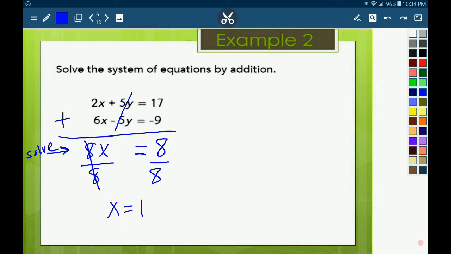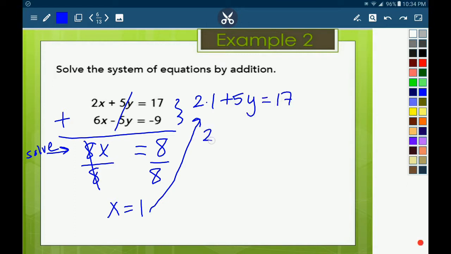So let's plug in that x is equal to 1 into either one of the equations above, into either one of these original equations. It really does not matter which one, just pick one. So I'm just going to pick the very top one, 2x, x is 1 though, so I'm going to plug in the 1 for x. So 2 times 1 plus 5y equals 17.